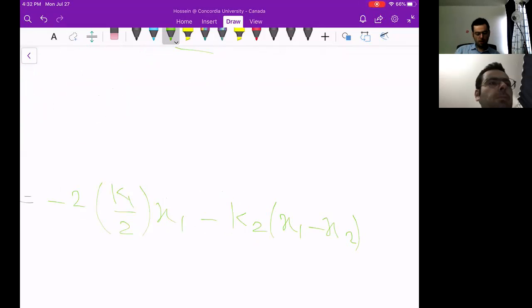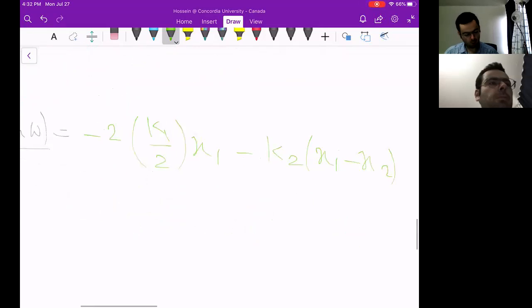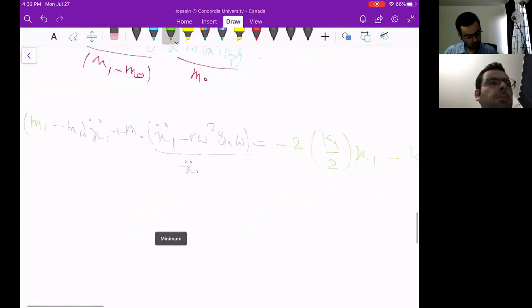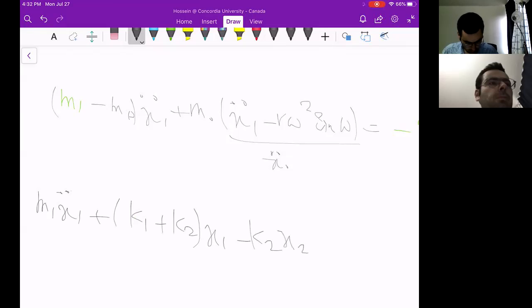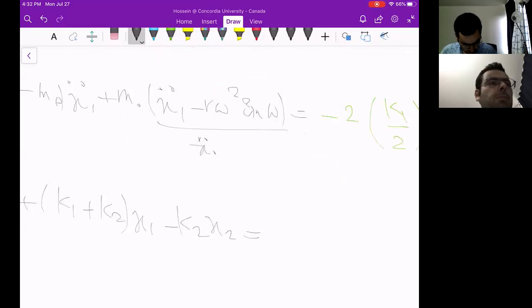Therefore, we have to take care of the relative displacement between the two. Simplifying, we reach m1 x double dot 1 plus k1 plus k2 times x1 minus k2 x2 equals m naught r omega squared sine of omega t.